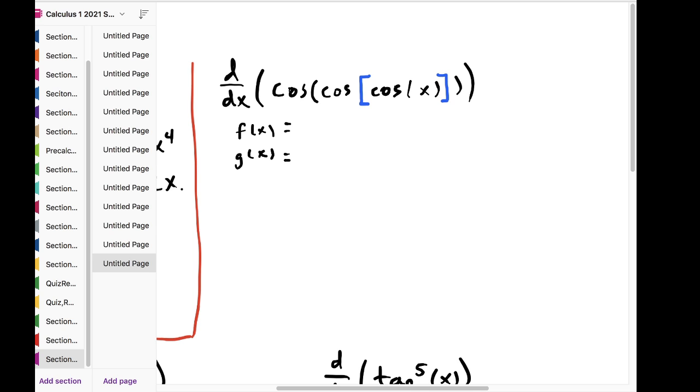So I think it helps. Yeah, so the big one is f of x, or is cosine, and then cosine of cosine.